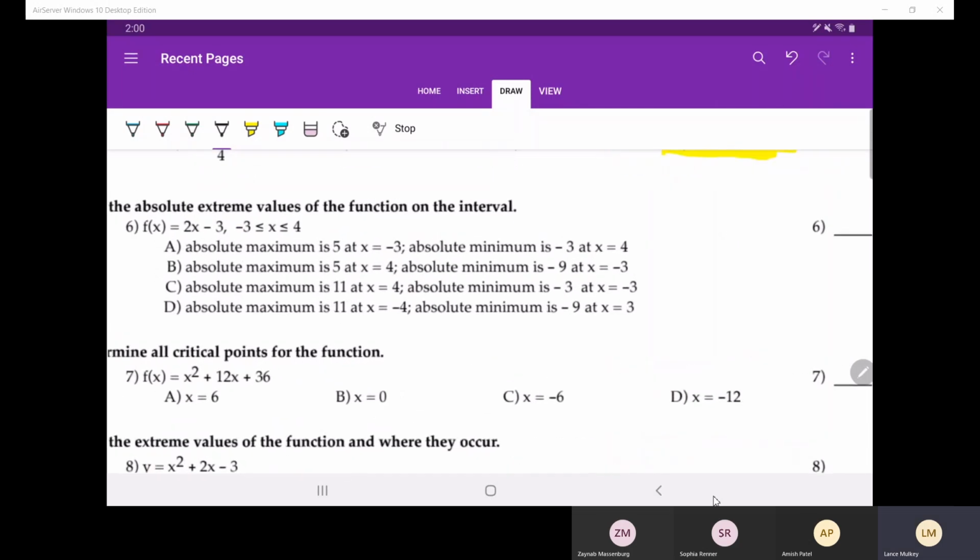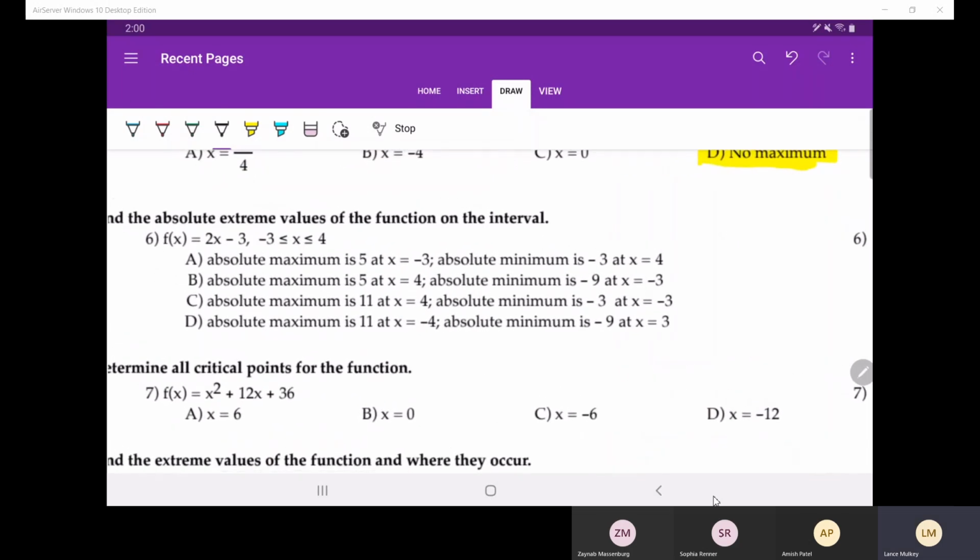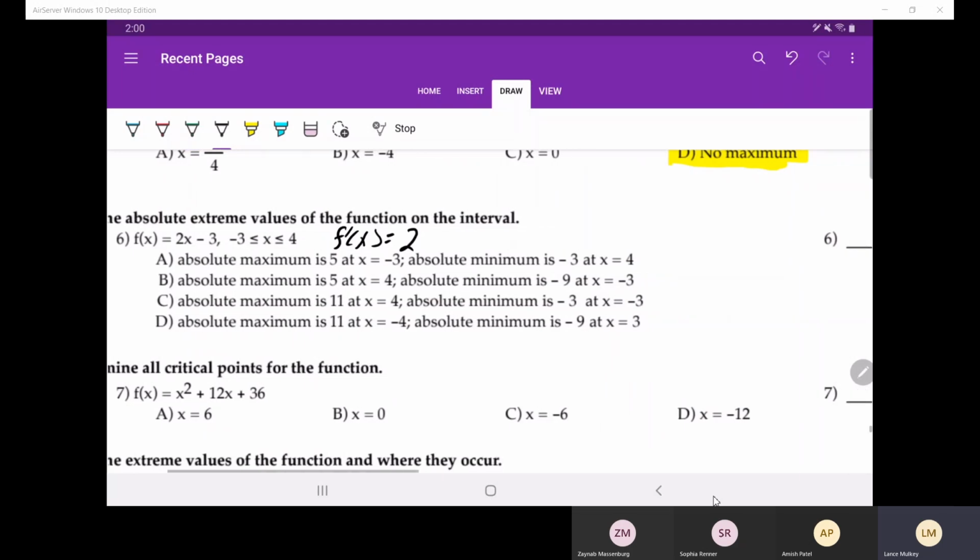Yeah, when it's zero or undefined. Well, I think what you meant to say is, when the derivative is equal to 0 or undefined. So f prime of x equals 2. A derivative will never be 0 or undefined, so you don't have any critical points in this one.